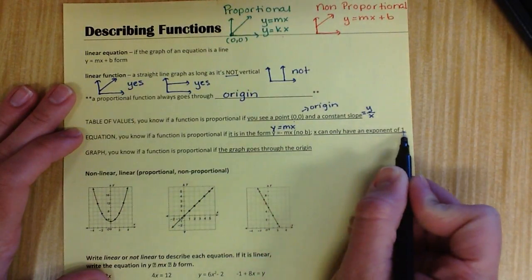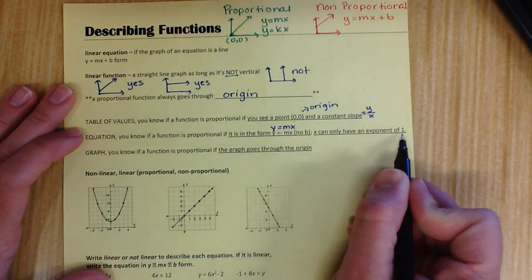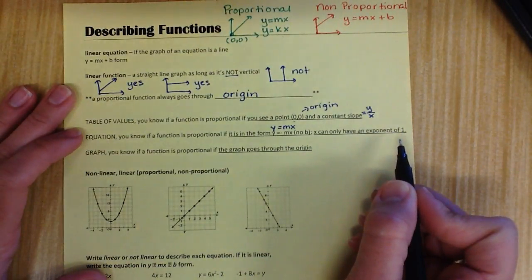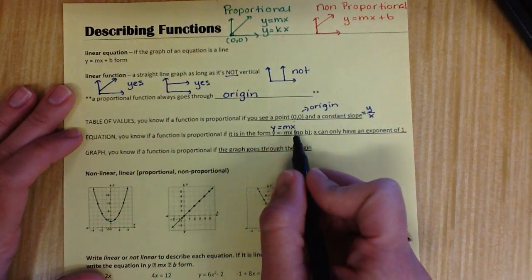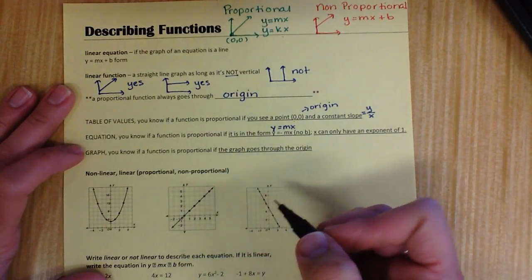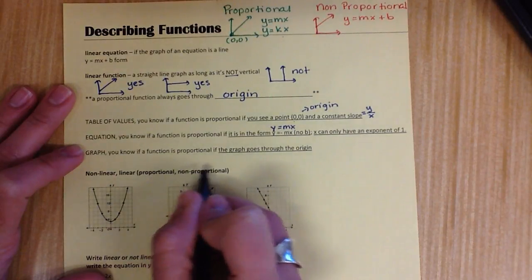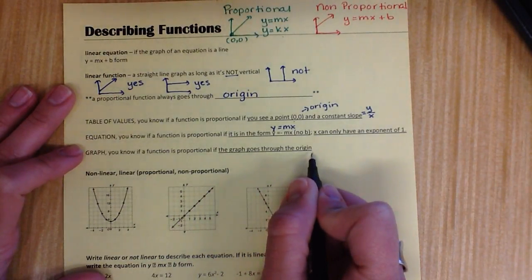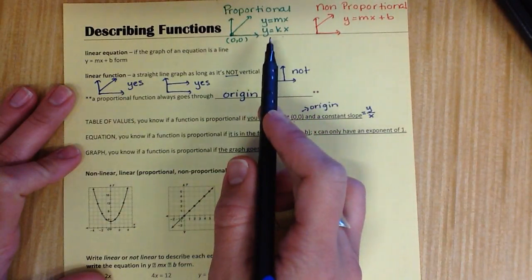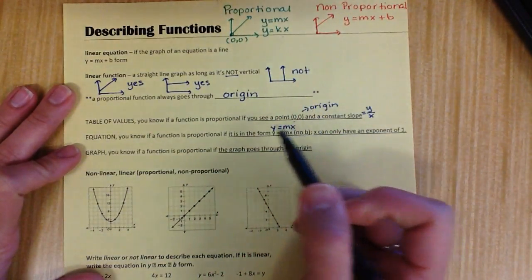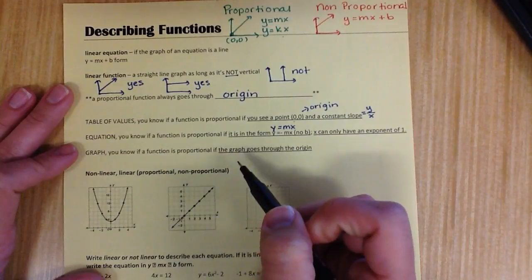And the x can only have an exponent of 1. So no x squared, no x to the third, no little funny numbers up here in the exponent for the x. Just the x by itself there. And for the graph, if the graph goes through the origin. So pretty much the relationship between proportional and non-proportional, we're just applying it to functions now, and the same rules apply.